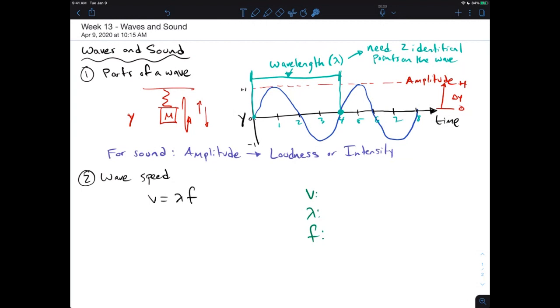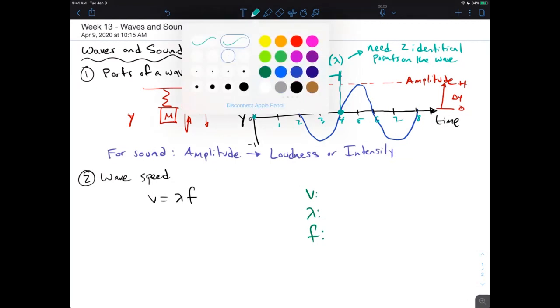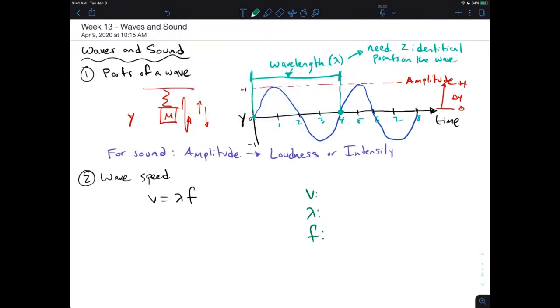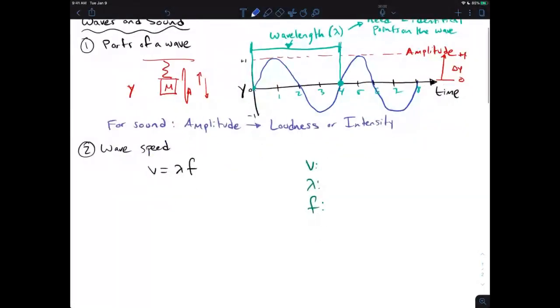Okay, the next thing here that we're going to talk about is wave speed. Okay, so wave speed. I want to know how fast does a wave travel, right? And this idea is best expressed if we think about being on a beach.